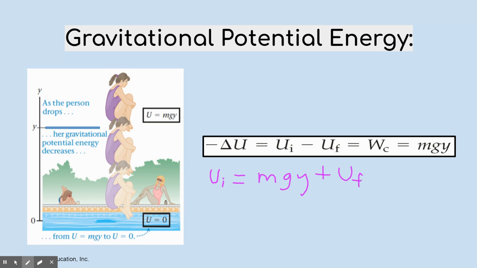But when we choose our final point, we choose it to where the potential energy is equal to 0. So we want to choose a spot where this makes sense. So here, they chose U to equal 0 at the level of the water. That makes sense. When we do this, then this term becomes 0. We can cancel it out, and we're just left with U equals mgy. So that's how we make this correlation.